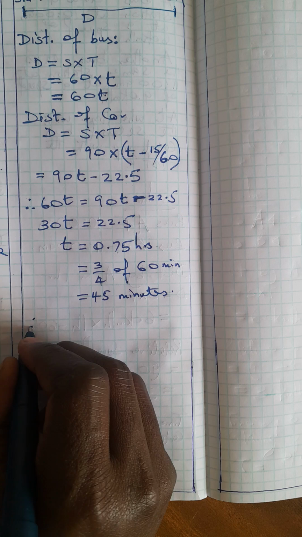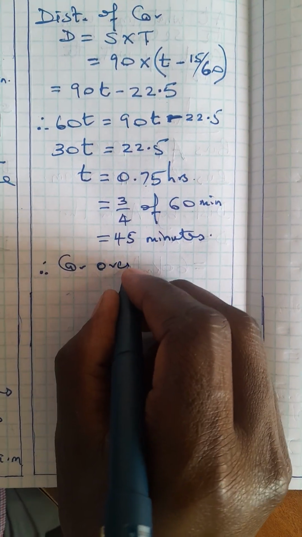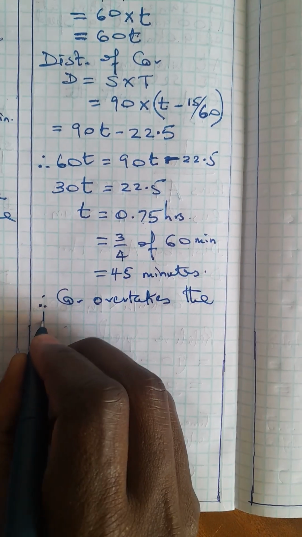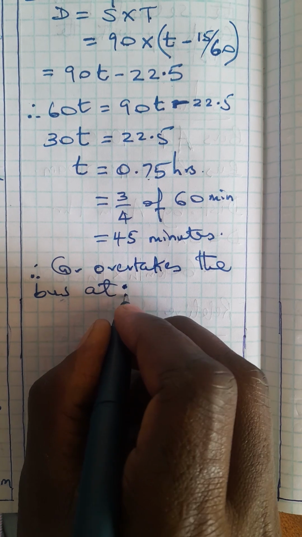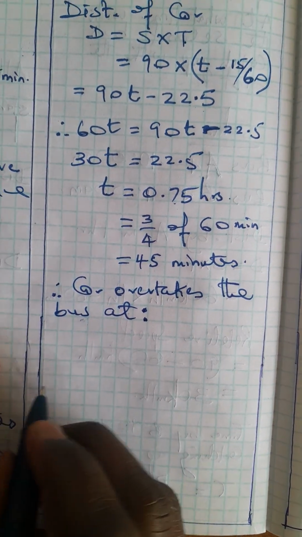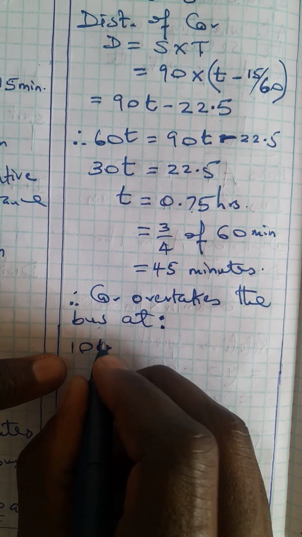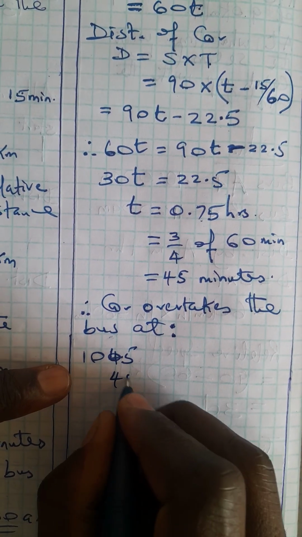So the car overtakes the bus at 10:45 plus the amount of time taken, 45.